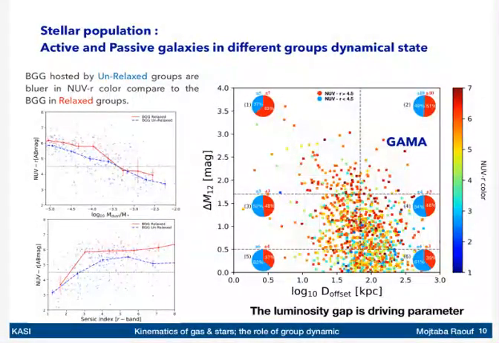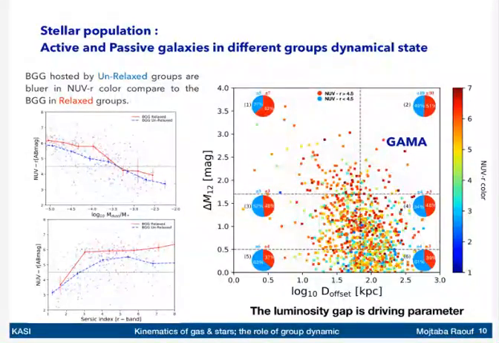Blue and red are active and passive galaxies respectively, based on the NUV minus R colors. You can see a larger fraction of the relaxed systems are passive galaxies, which are more red, compared to the higher fraction of blue galaxies in the unrelaxed systems.